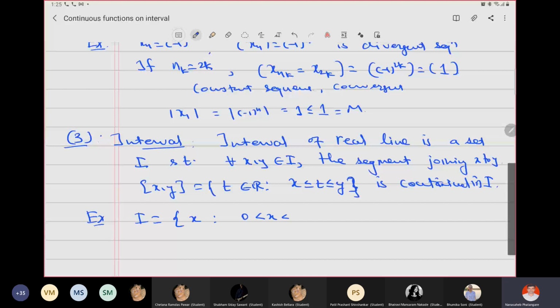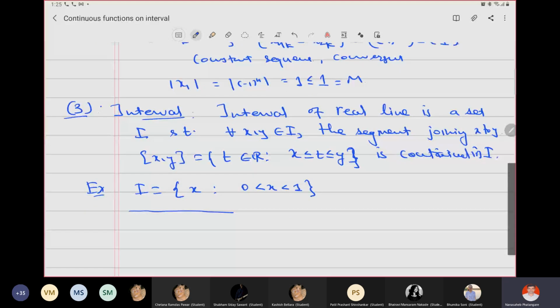So what my definition of interval says is, this is a subset of R, and it is an interval because if you choose any two points x and y in that set and join them by a line segment, that entire line segment is contained inside that set, then that set is an interval, right?